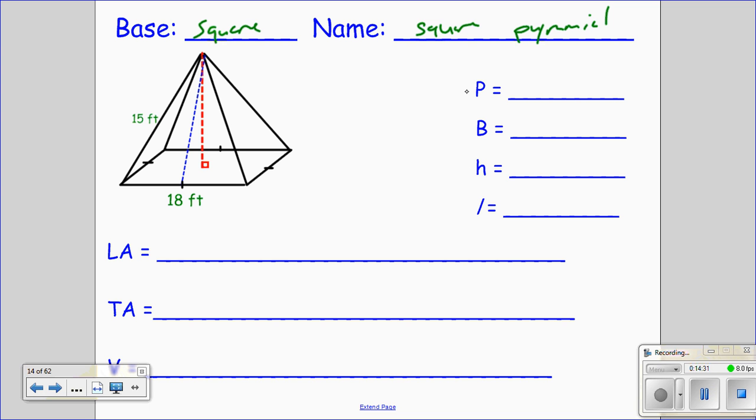In this case, we don't have the slant height or the 3D height. They give us the height of the edge.